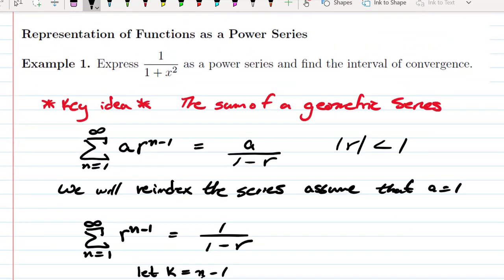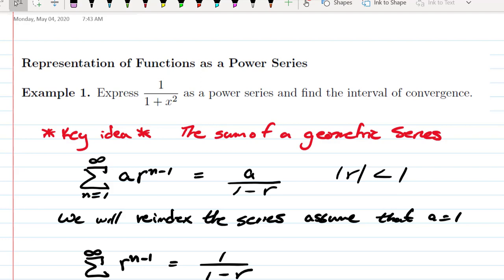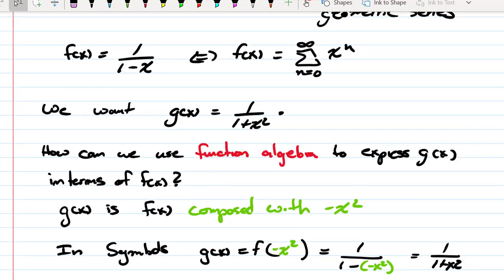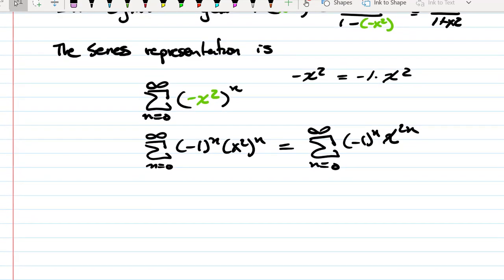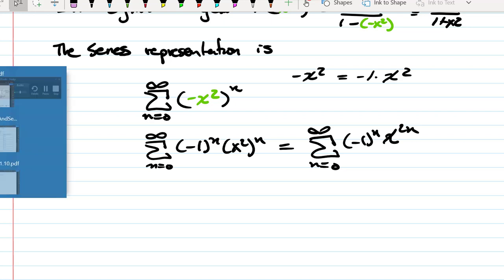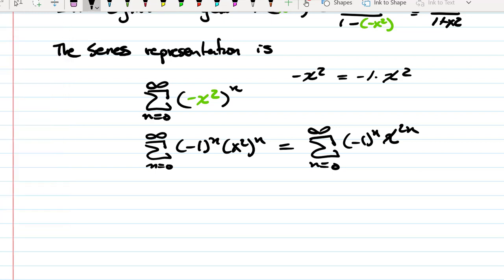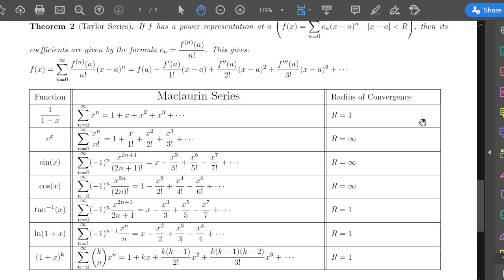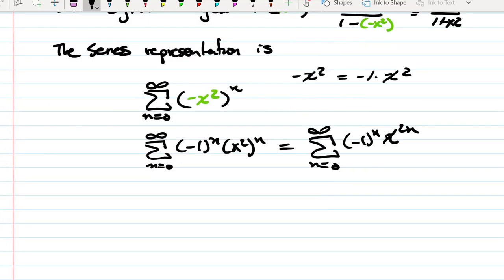So 1 over 1 plus x squared as a power series would be this. And we want to find its radius of convergence. Well, what did we start with? This was a geometric series, and a geometric series always has radius of convergence 1.